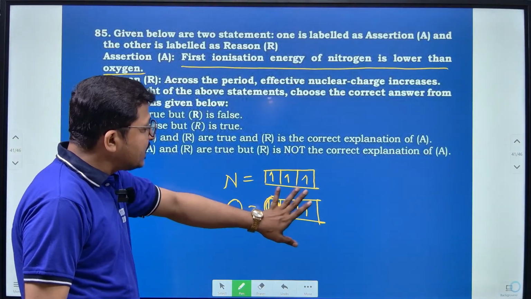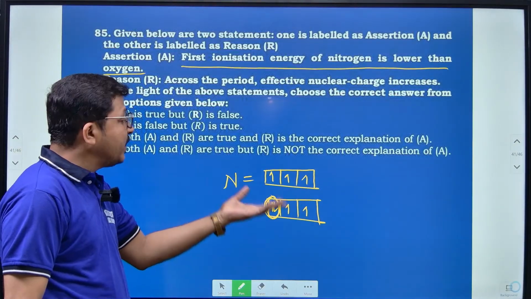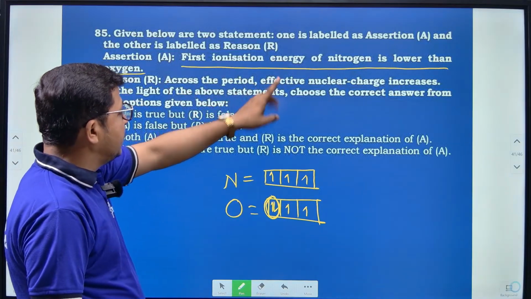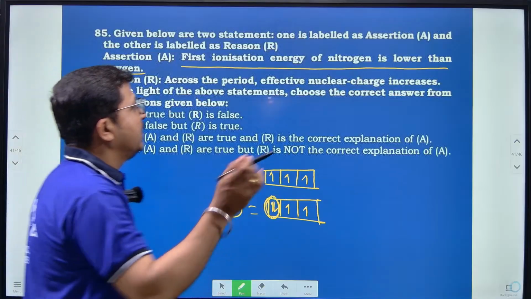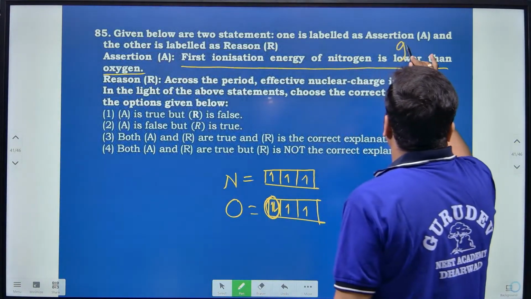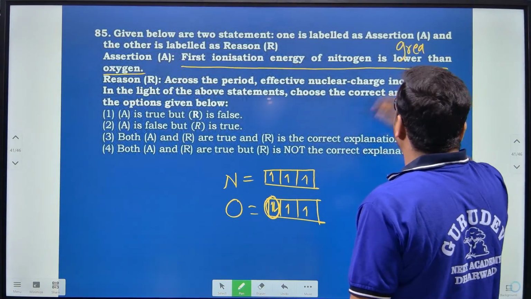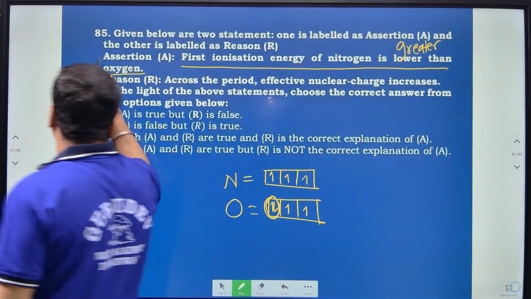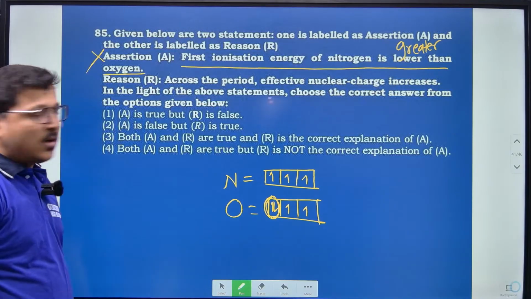Due to this reason, the stability of oxygen as compared to nitrogen is very less. Hence, the first ionization energy of half-filled nitrogen is greater because nitrogen possesses a half-filled configuration. Hence, the first statement, the assertion, is wrong.